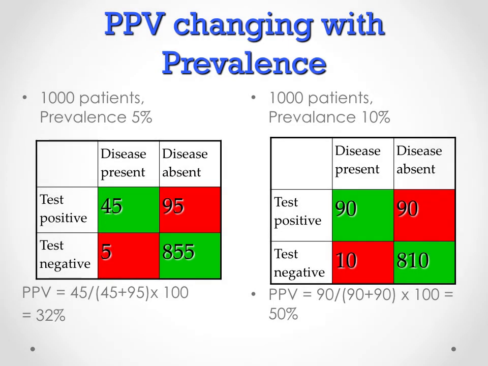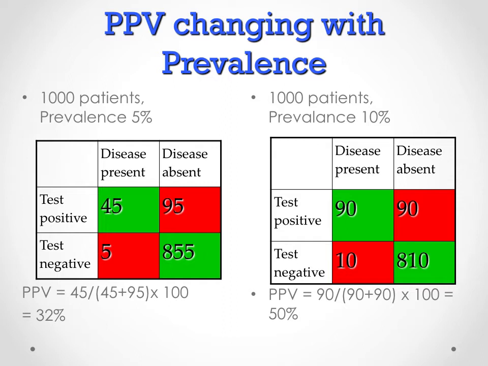So really slowly now. If I have 1,000 individuals and a test that is 90% sensitive and 90% specific, I have shown in the example on the left what will happen to the positive predictive value if we take a prevalence of 5%. There are 45 people who have the disease and a positive test, true positives, and 95 people who do not have the disease but still have a positive test.